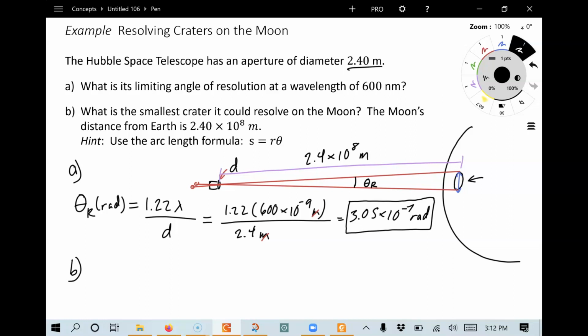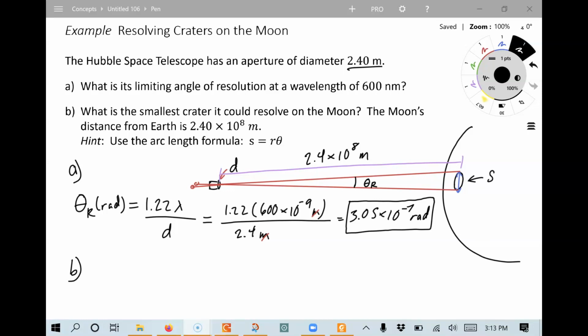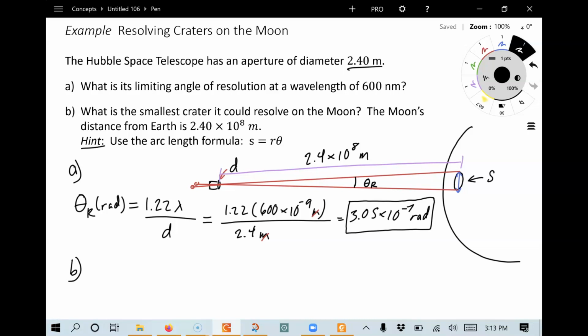Now, how are we going to relate that to the distance here? I'm going to call this length S. There's a couple ways to think about this, but there's a hint that says use the arc length formula, S equals R theta.